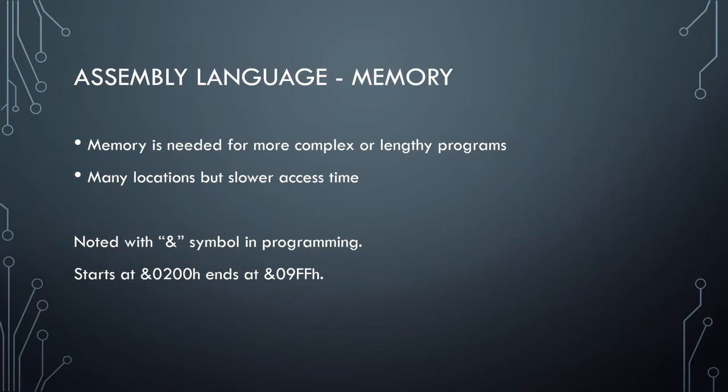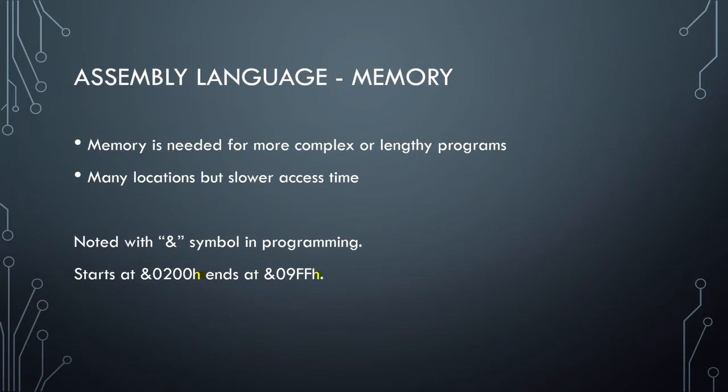It's very important to fill out all 4 digits, so if you need to, fill in the zeros on the left. And the largest memory location that we will have available to us will be the number 09FF in hexadecimal.